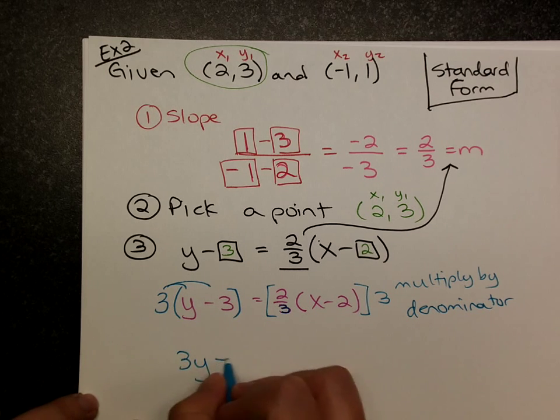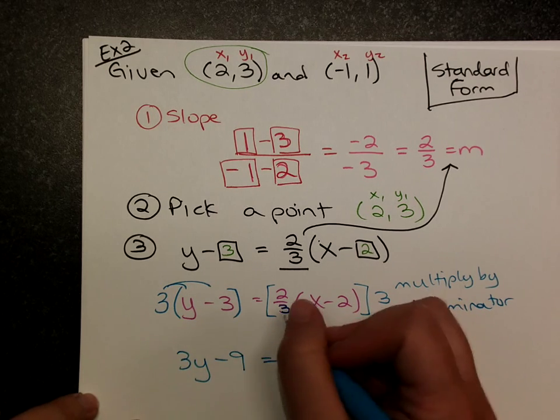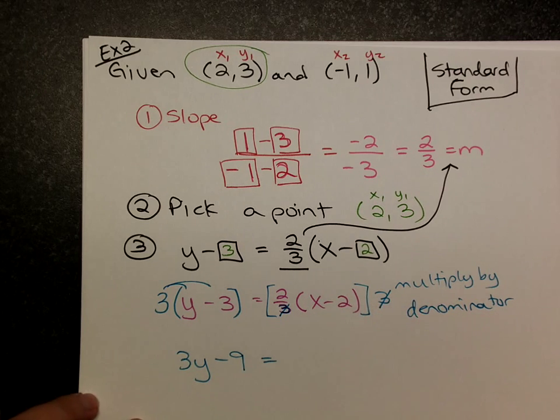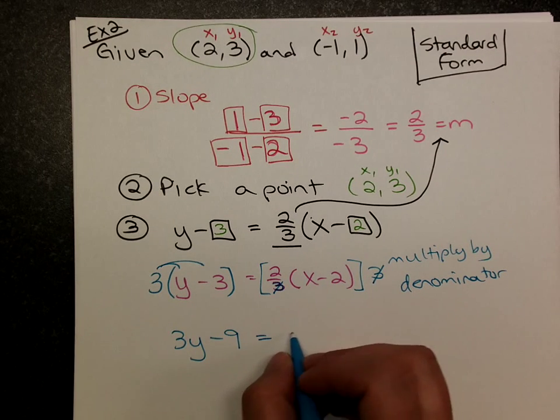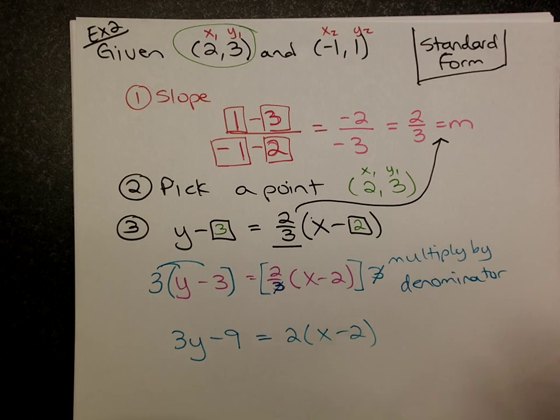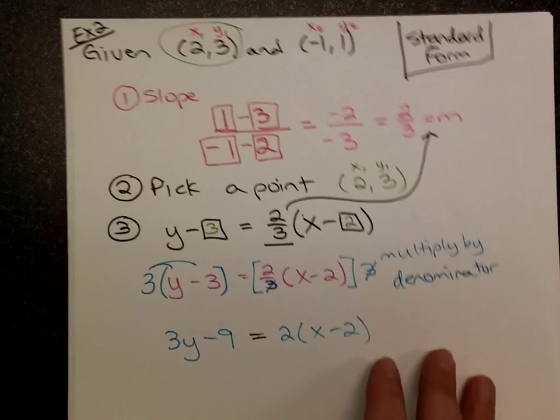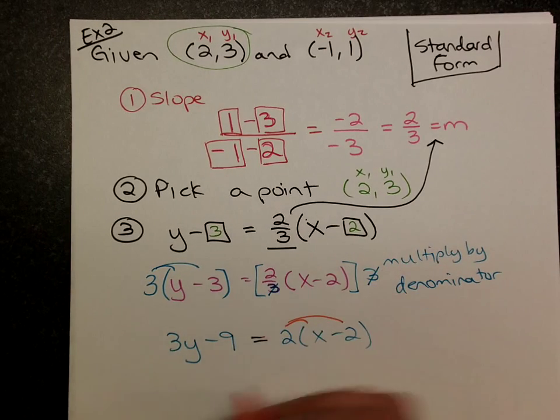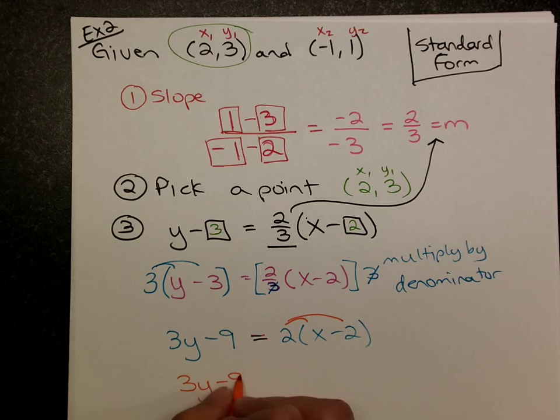So I have 3y minus 9 equals, all this is going to do is cancel that denominator. Everything else stays the same, so I still have 2 times x minus 2. I just think that looks better with no more fractions. Then you can distribute the 2. 3y minus 9 equals 2x minus 4.